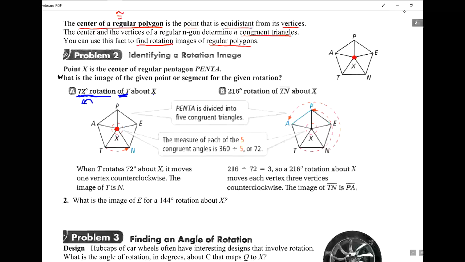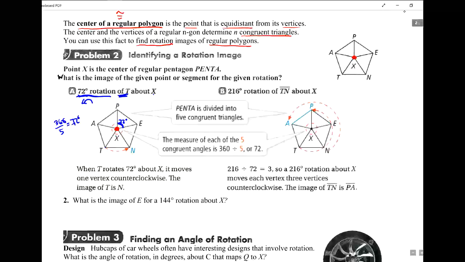Well, we have 5 congruent triangles here. We know how to find a central angle. What is the central angle of each one of these? We simply take 360 divided by 5, and we get 72 degrees. So each one of these is 72 degrees.